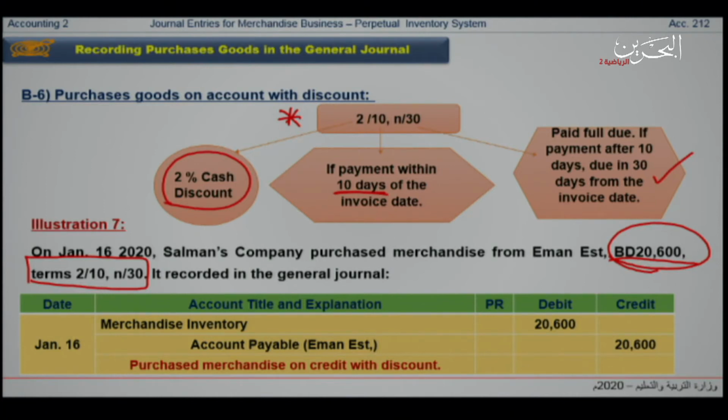If I purchase merchandise, the inventory for me will increase, and also by this term, I know that I didn't pay the amount of this purchase. So the purchase will be on account. So my liability will increase with account payable, and it will be 20,600 affected on the credit side.